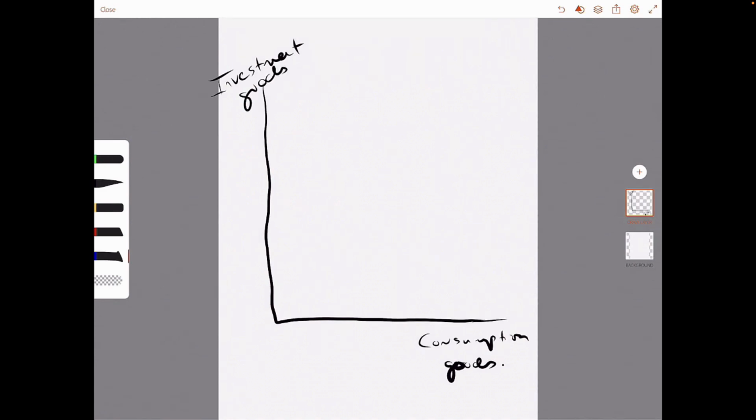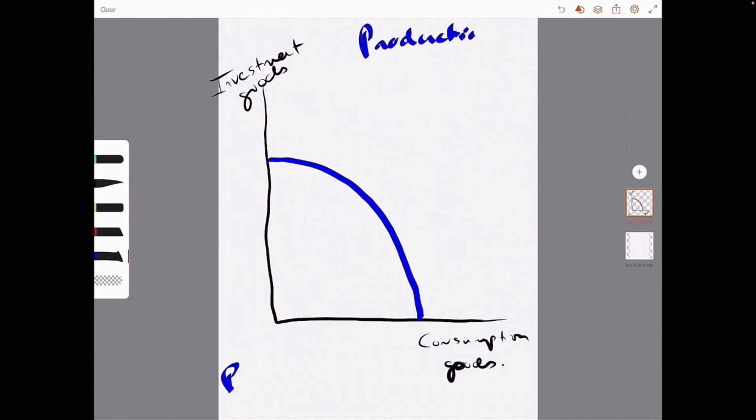And the curve that we use to show these changes in production possibilities looks something like this. We called it the production possibilities curve.